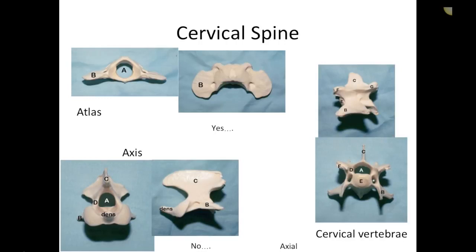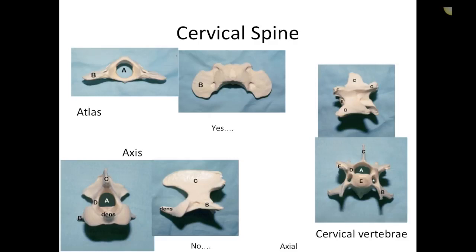The very first cervical vertebra, C1, or cervical vertebra 1, is also called the atlas. In the textbook, it identifies the atlas was named because of the Greek god who held the globe over his head, the world over his head. So you think about the atlas holding the globe over itself, so holding the brain over itself. So it's the very first cervical vertebra.